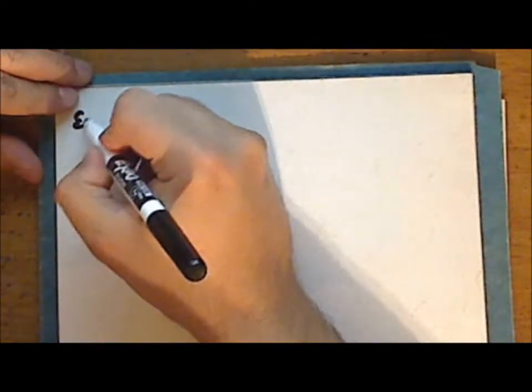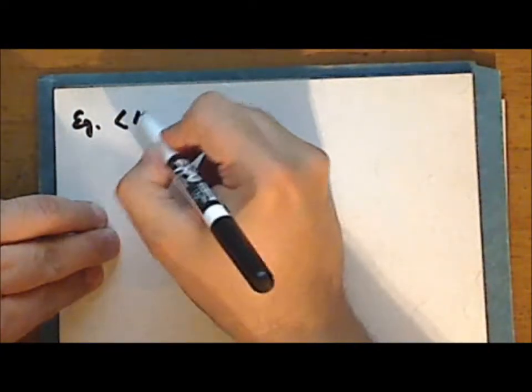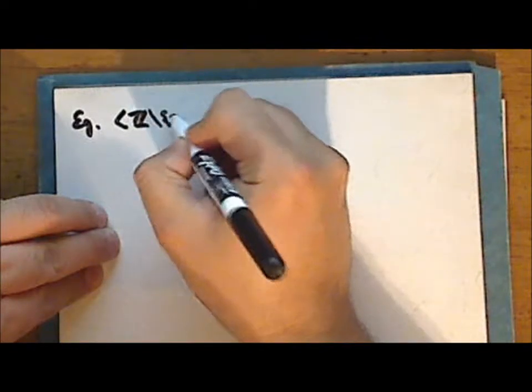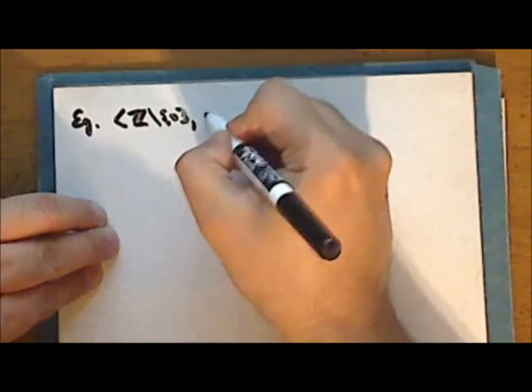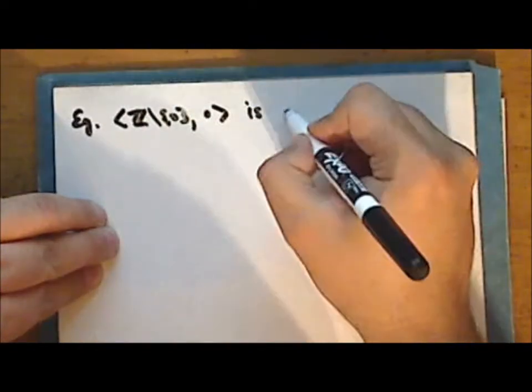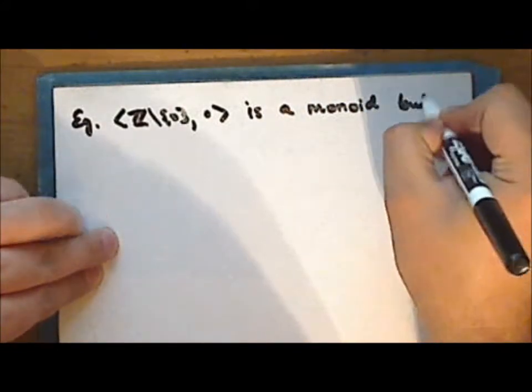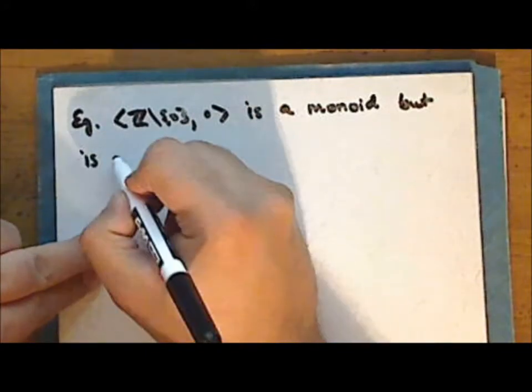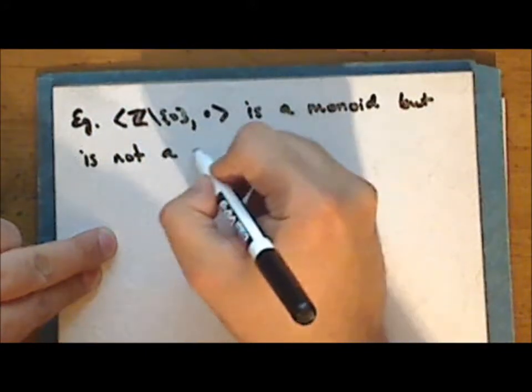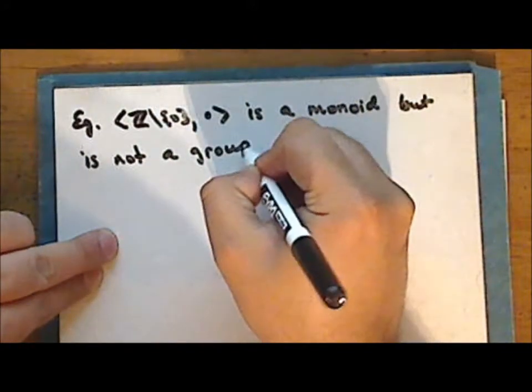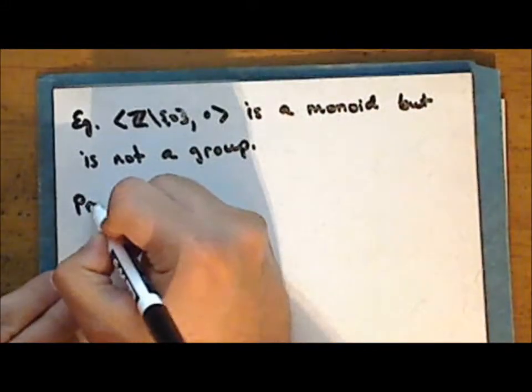So next, we will show that the non-zero integers under multiplication is a monoid, but is not a group. Okay, so proof.